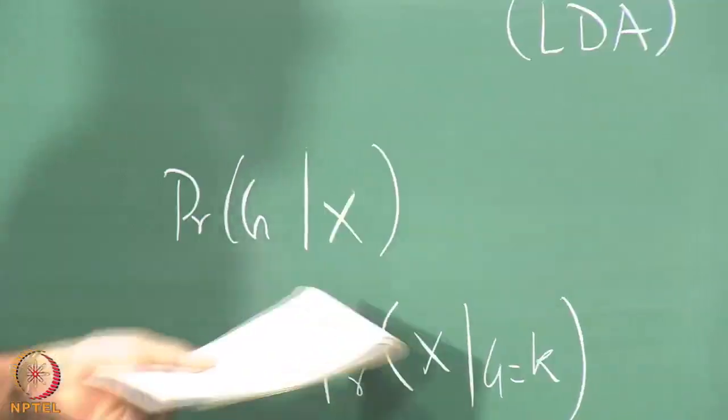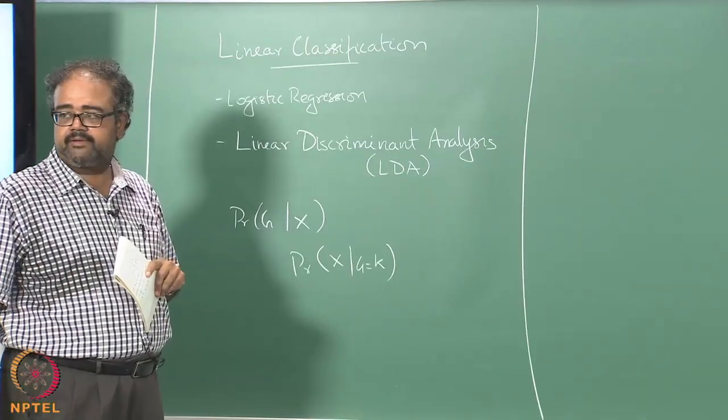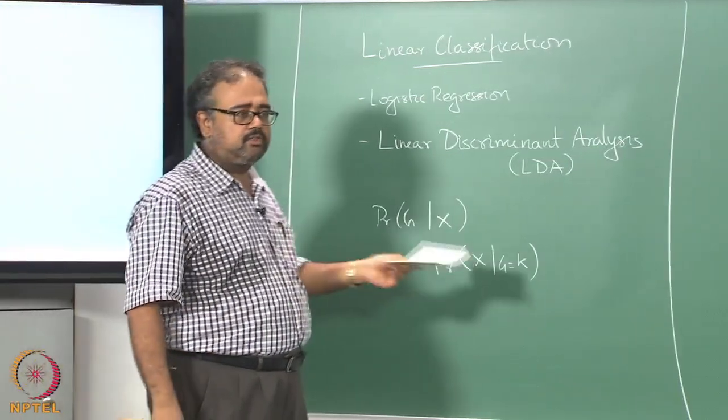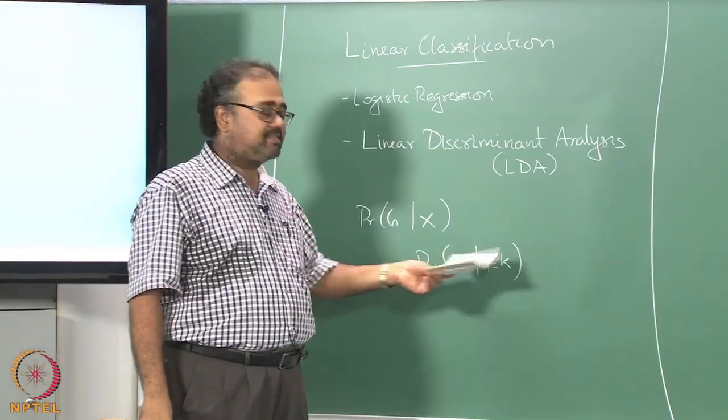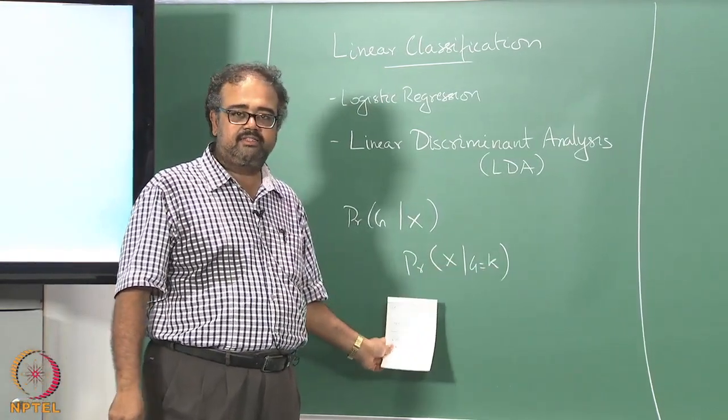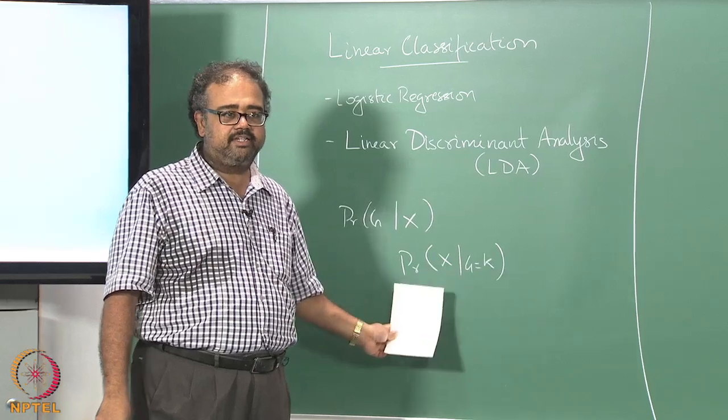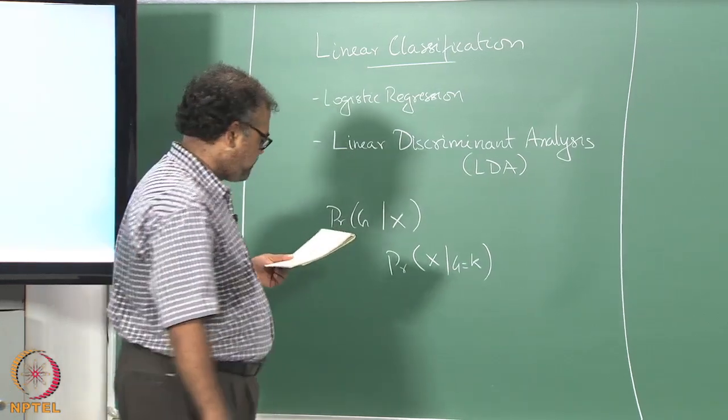the probability of the data point given that the class is K. These are also known as class conditioned densities, the class conditioned density of the data point.